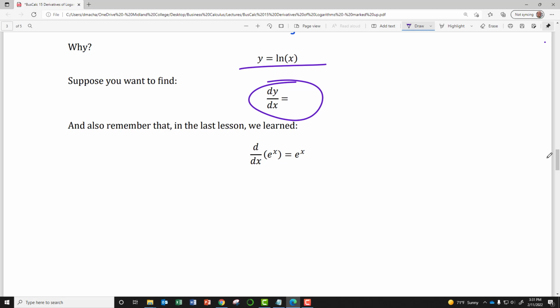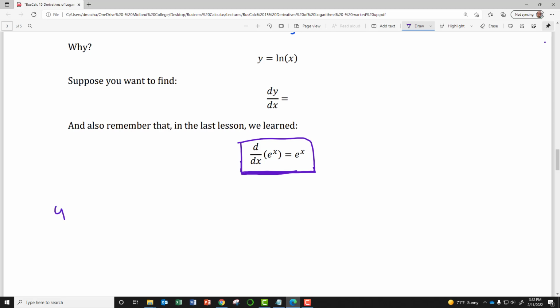So what we're looking for is dy dx. And also remember in the last lesson, we learned that e to the power x is the only function where it is its own derivative. And so remembering this, we're going to start and hopefully arrive at the conclusion that the derivative of the natural log function is 1 over x.